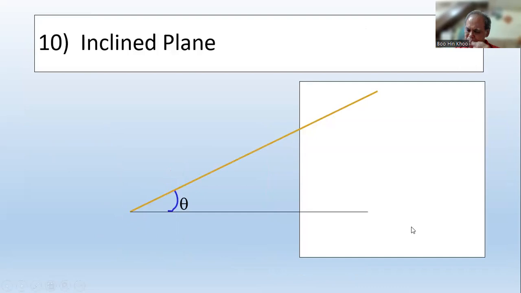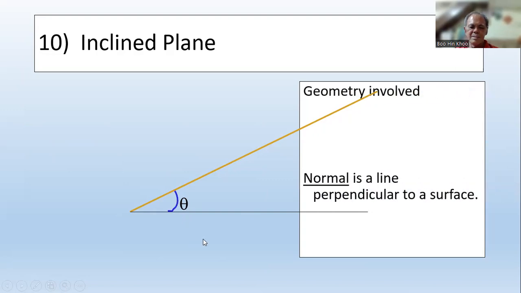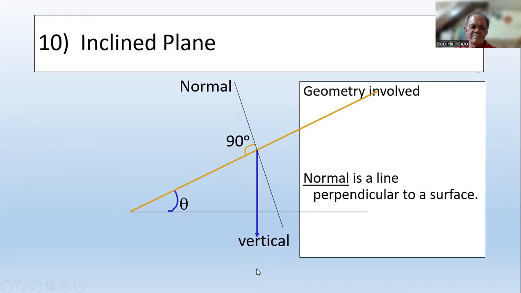Inclined plane, which you should know. There's an inclined plane. There's a horizontal. Angle theta. Normal is a line perpendicular to the surface. There is a surface, an inclined plane, and the normal is perpendicular to the surface, 90 degrees. So you draw a vertical. That one is 90 degrees to a horizontal.